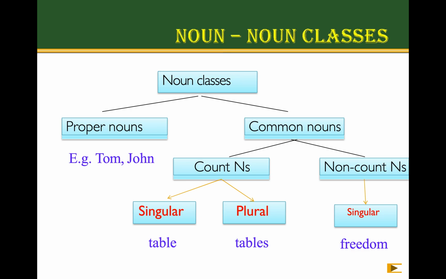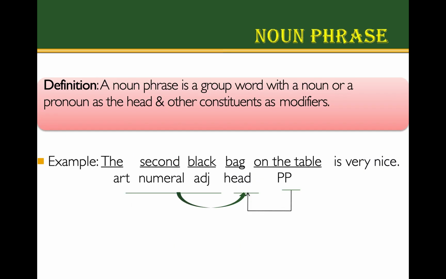So we talked about the classification of nouns. Let's talk about noun phrase. Of course, let's remember pronouns as well. As you know, we have two kinds of pronouns: definite pronouns and indefinite pronouns. Definite pronouns are personal pronouns. Indefinite pronouns are pronouns where we cannot know the person.